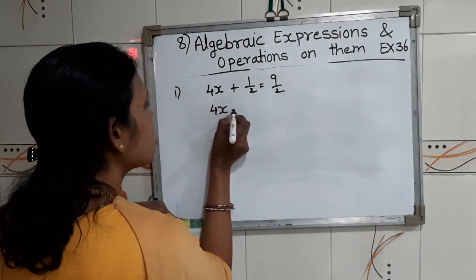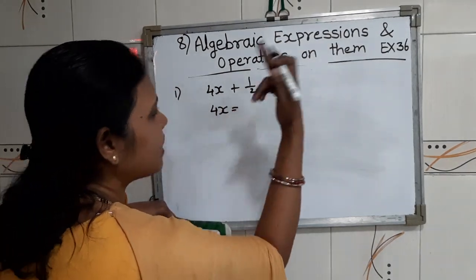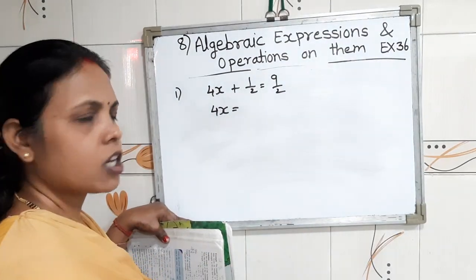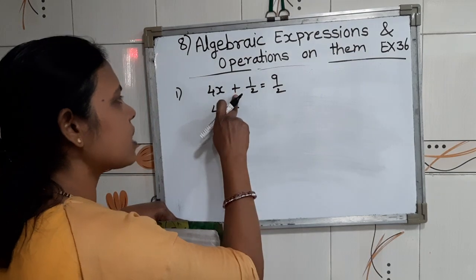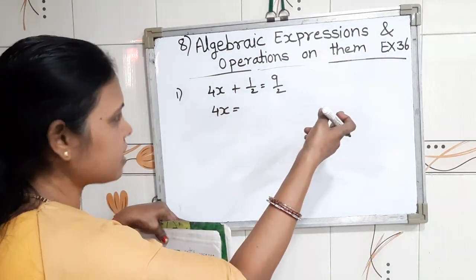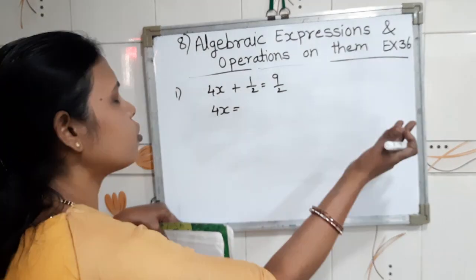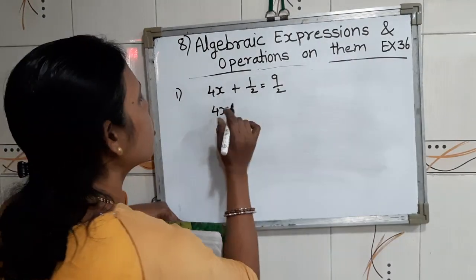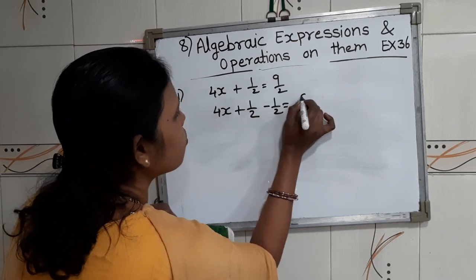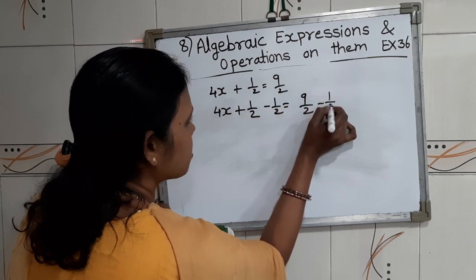Therefore 4x equal to, this half we will take this side. When we take it this side, with half a plus sign is there. When it goes to the right hand side, it will convert into a minus sign. If you want, you can write it this way: half minus half equal to 9 upon 2 minus half.